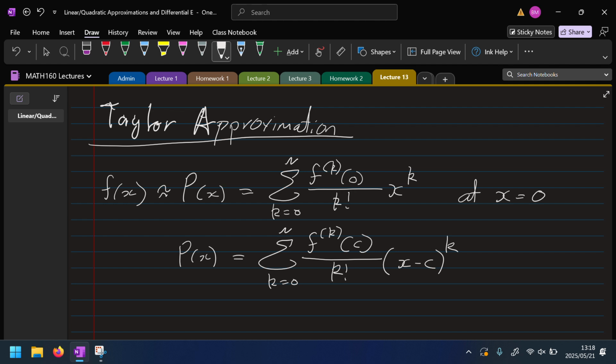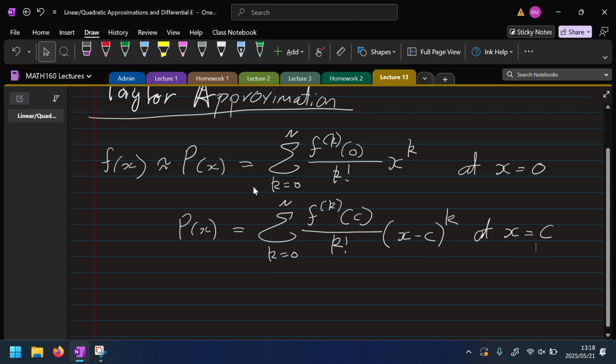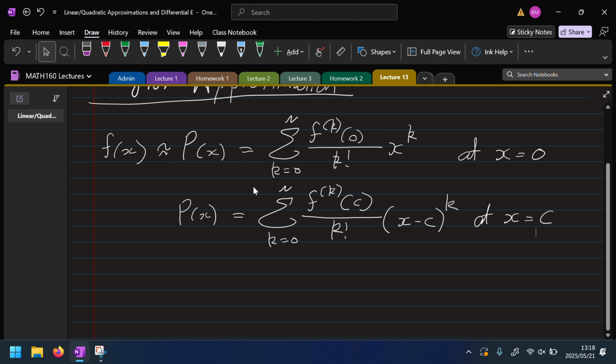Again, we're just shifting everything over to x equals c. It was at x, then we minus c, so that's a right shifting, and now we're at x equals c. Since we're at x equals c, the derivatives now need to be at x equals c as well. This was the general formula that we got for any nth degree approximation.